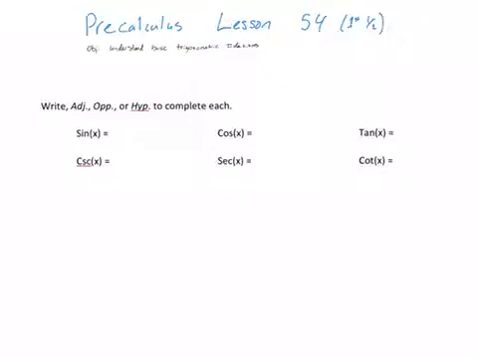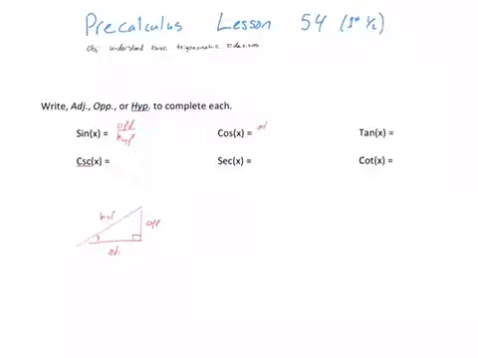If you have a right triangle like this, and this angle down here is x, this side over here is the opposite, this side up here is the hypotenuse, and this side over here is the adjacent. And so you're just going to go through and write these trigonometric ratios. Sine is opposite over hypotenuse.